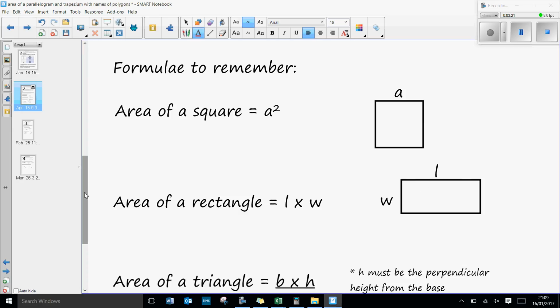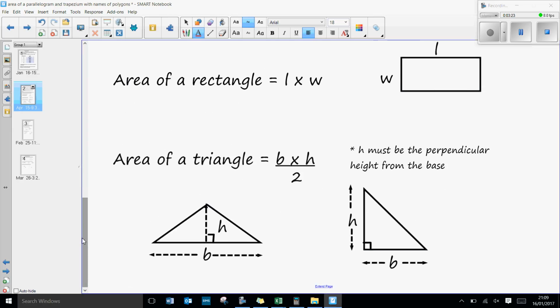And the area of a triangle, again, this is one that's quite commonly forgotten, but the area of a triangle is the base times the height, base multiplied by height, divided by 2. Now, I have said here it's important that the height must be the perpendicular height from the base. So what that means is that this height here meets the base at 90 degrees.